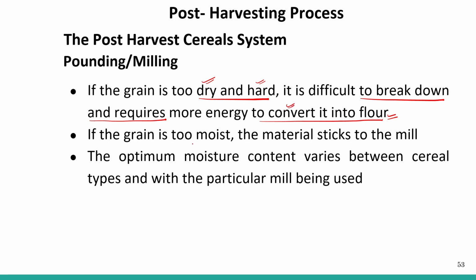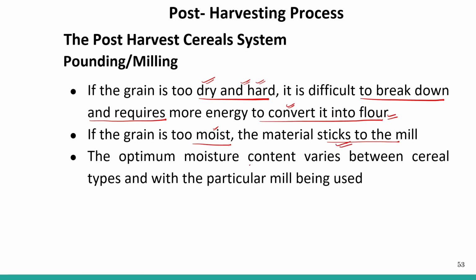If the grains are too moist, the material sticks to the mill. So this is also a very important aspect: the grain should not be too hard or dry, and it should also not be too moist, because if it is moist, then it will not be properly powdered or changed into flour, because it gets stuck to the mill.